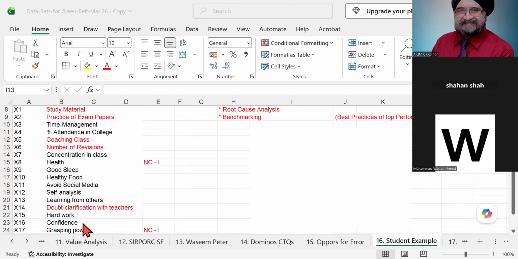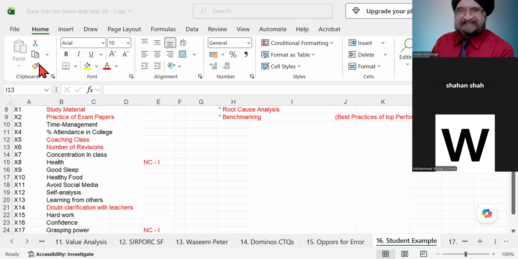So by using better study material, better time management, attending the right coaching class, more revisions, more doubt clarification with the teacher, or good sleep. By taking care of the critical to process factors, he can improve their performance, and based on that, he will be able to achieve the Y, that is the CTQ.